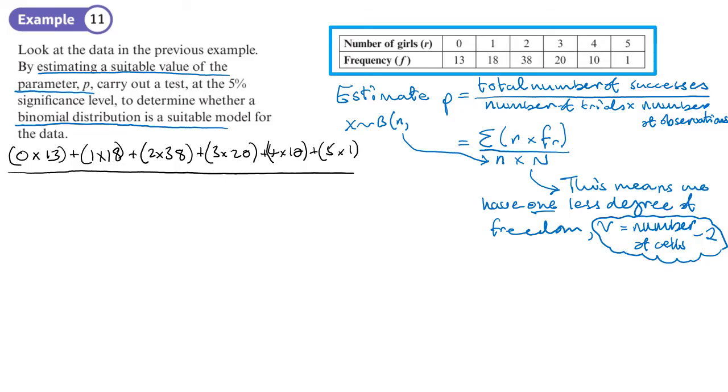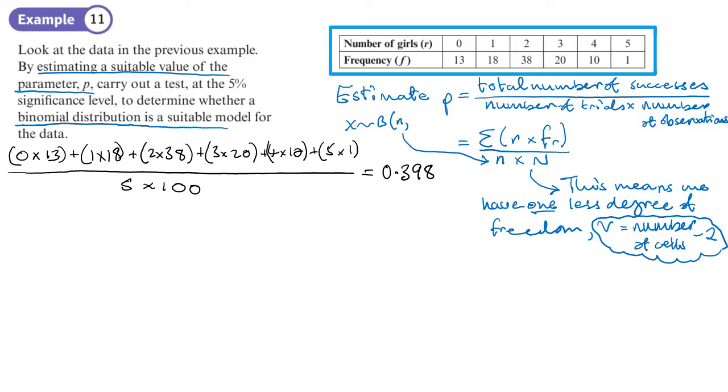Remember, it was 5, and the number of observations was 100, wasn't it? So let's work this out, and we'll get 0.398. So this is our estimate for P.